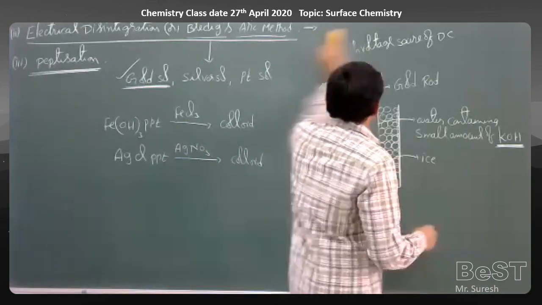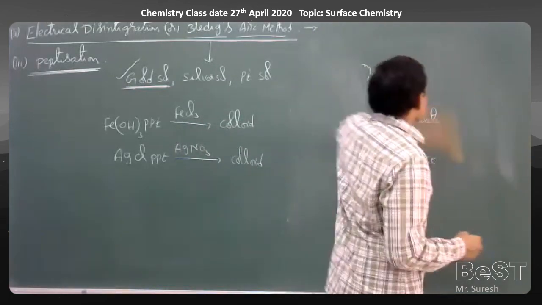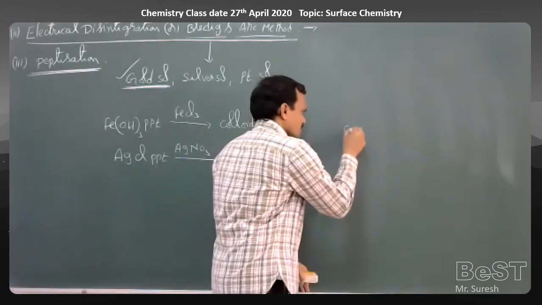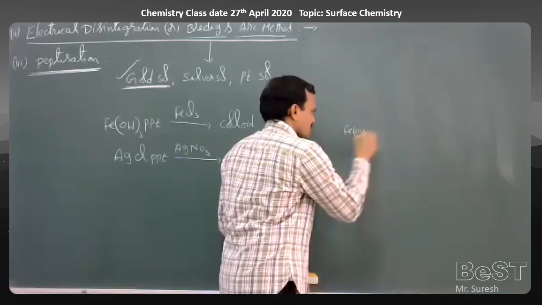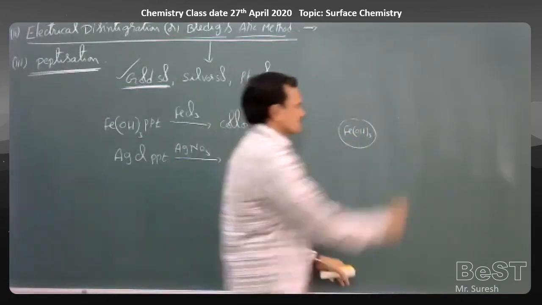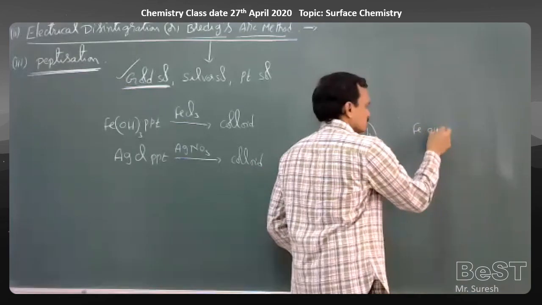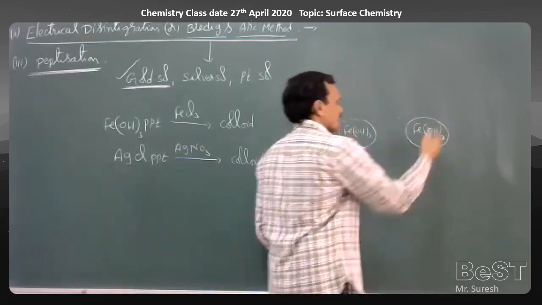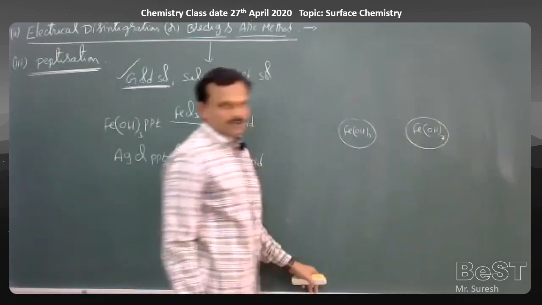Let us see the process here. So these are the ferric hydroxide particles in the precipitate.